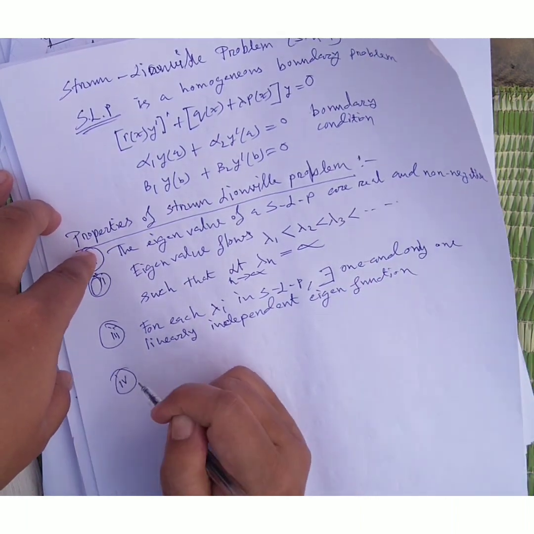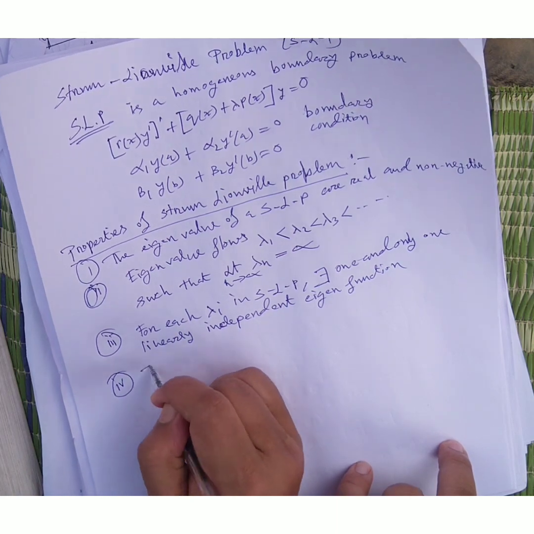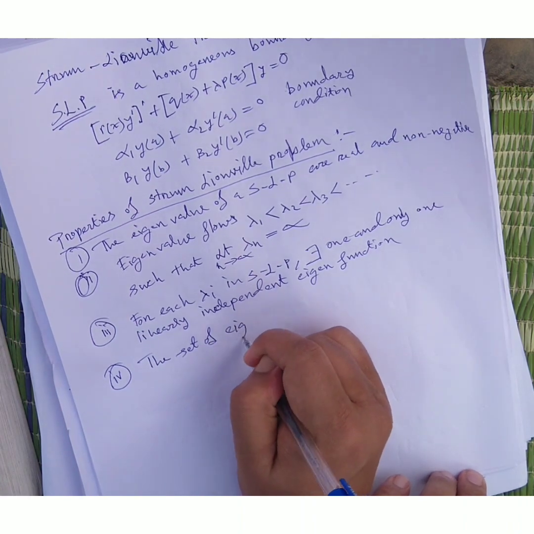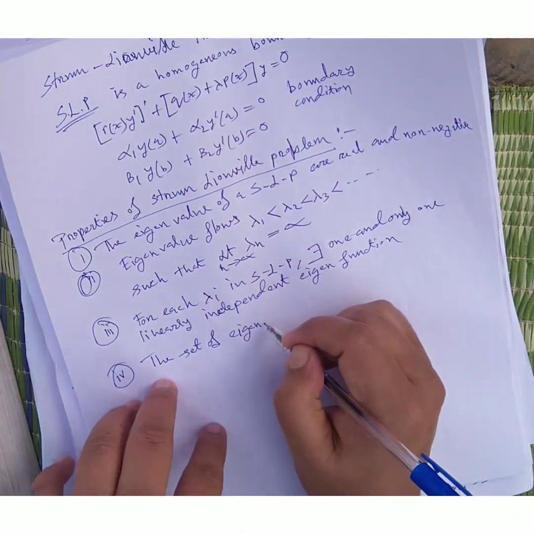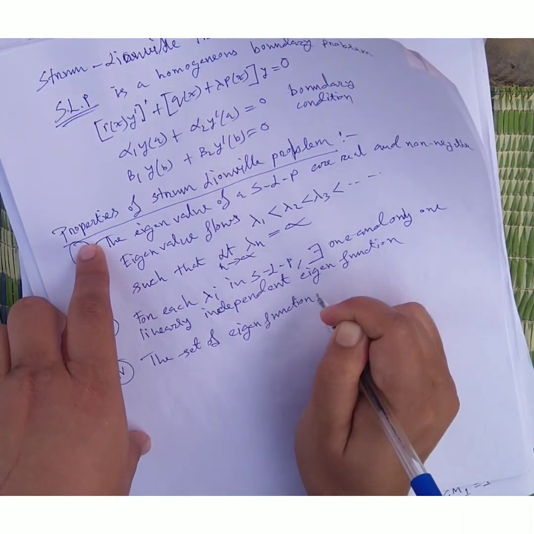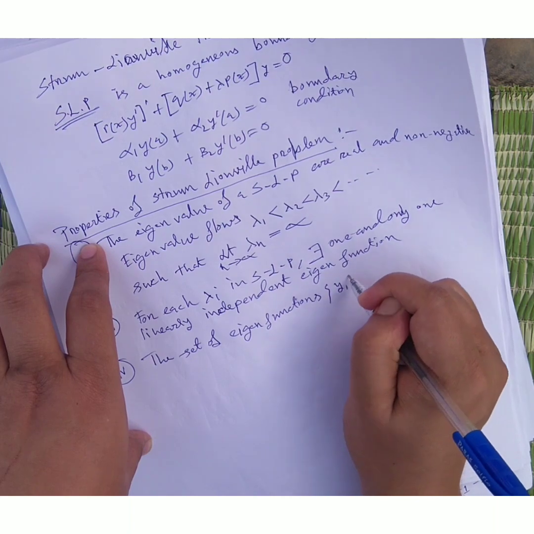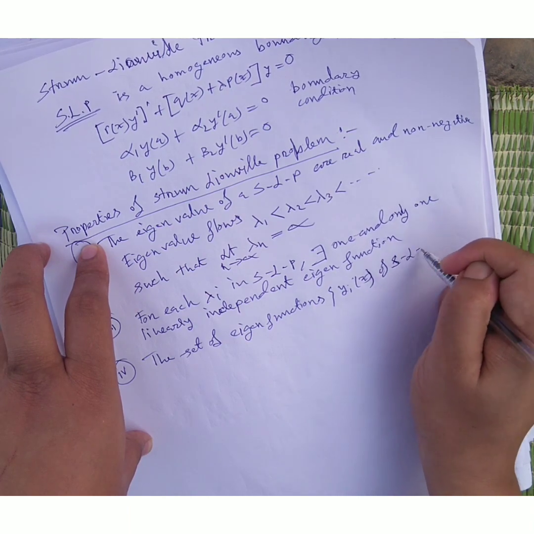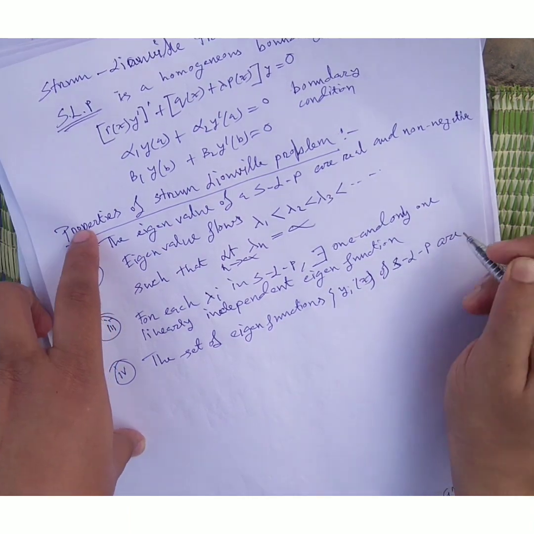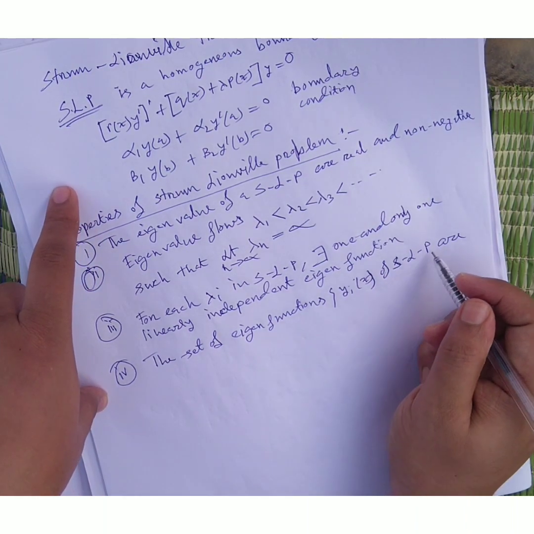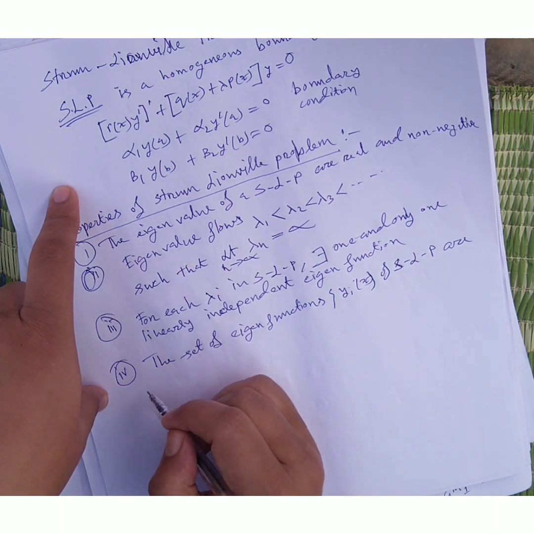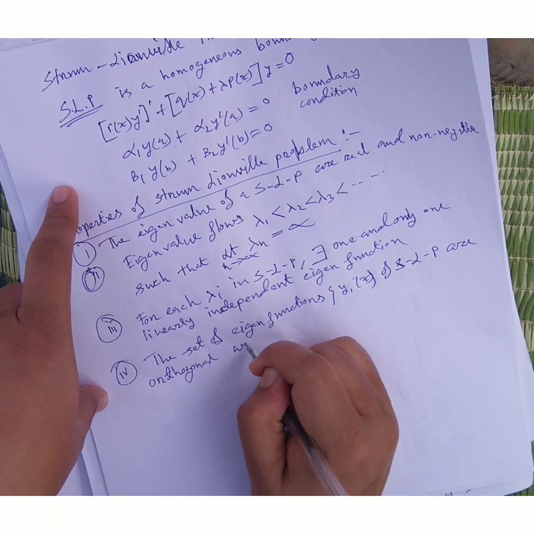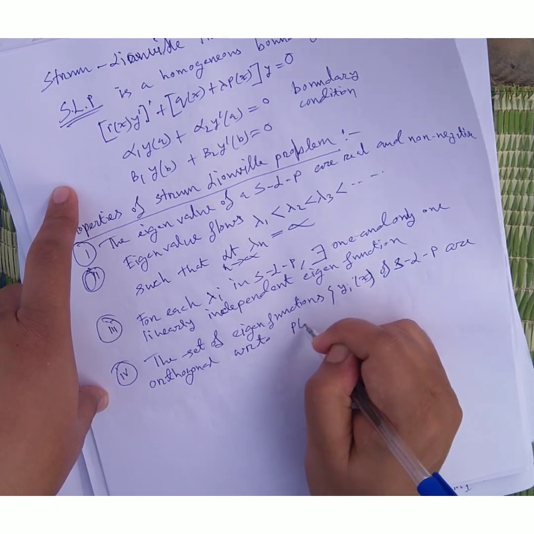Number 4, the set of eigenfunctions y_i(x) of an SLP are orthogonal with respect to P(x).